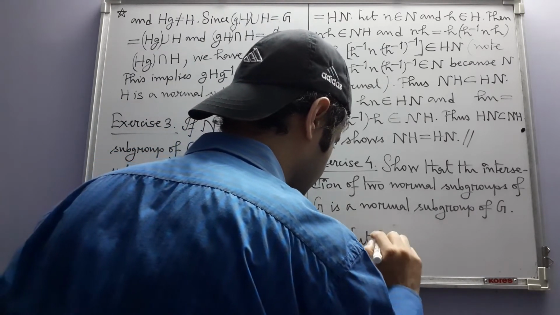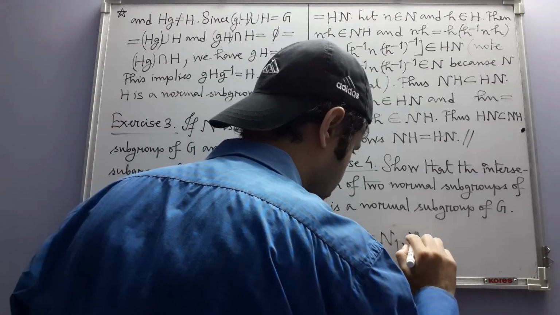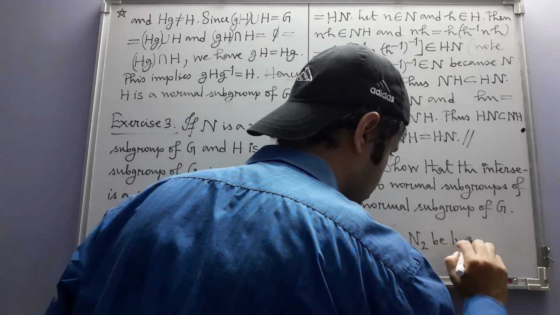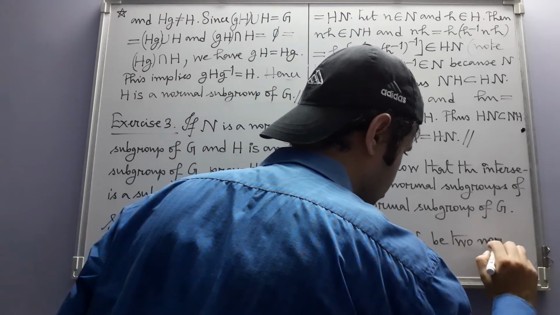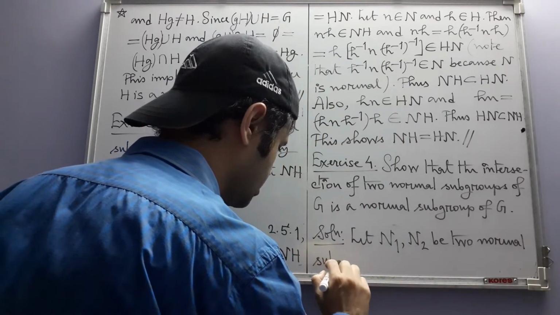Let N1 and N2 be two normal subgroups of G.